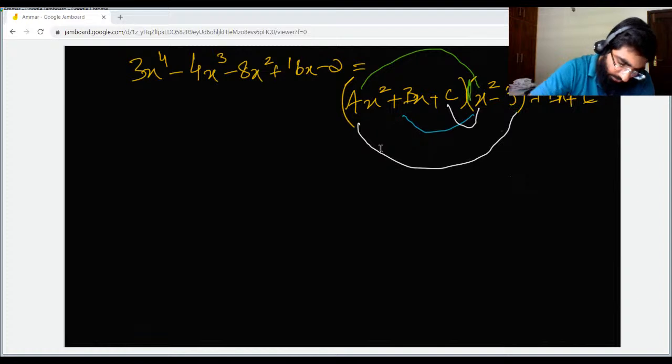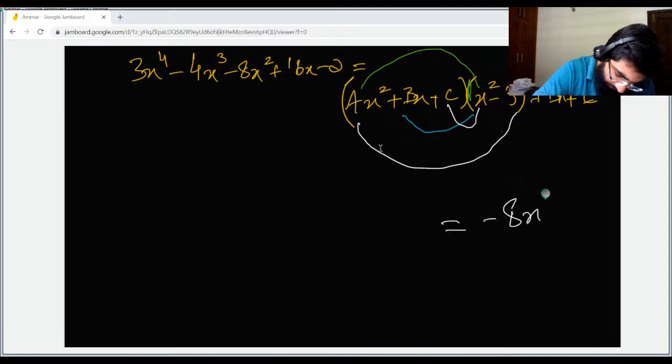So the final minus 8x squared is the result of cx squared minus 3ax squared.